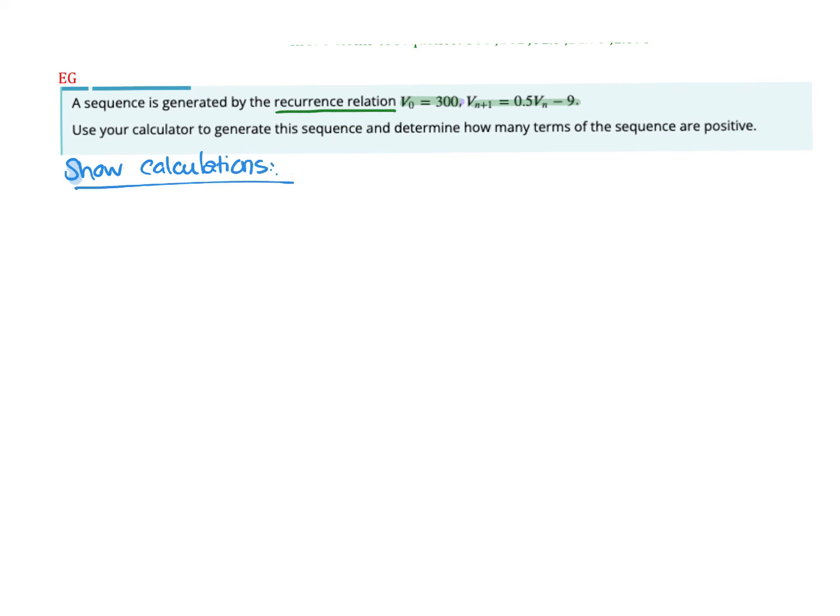So you write V1 equals 300 times 0.5 minus 9, and then we'll just put the answer, which was 141. Then V2 would be 141, so I'm just doing the one before. You can copy off your calculator because we've got this there.